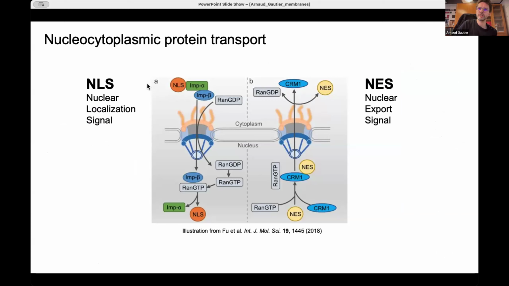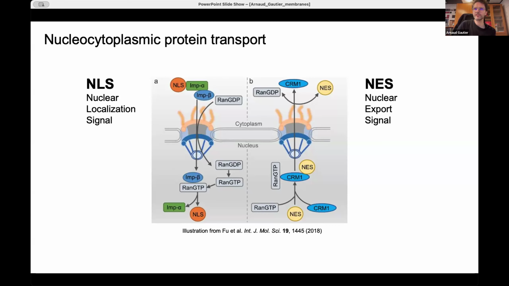So as you all know, this nucleocytoplasmic protein transport is controlled by specific sequences inside proteins called nuclear localization signals and nuclear export signals that interact with the import and export machinery in the cell. And so we developed a strategy to both control the import of protein inside the nucleus or to control the export of protein from the nucleus to the cytosol.